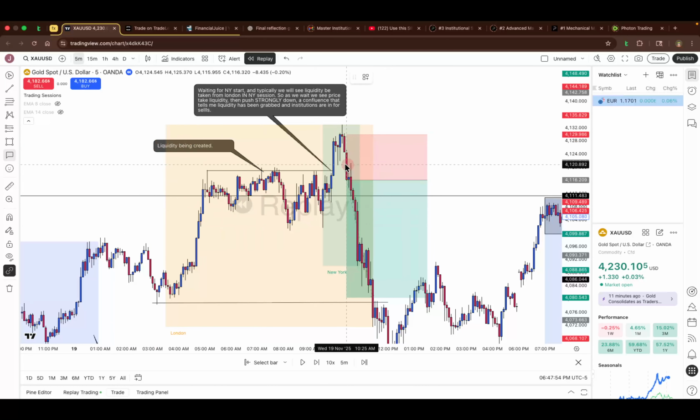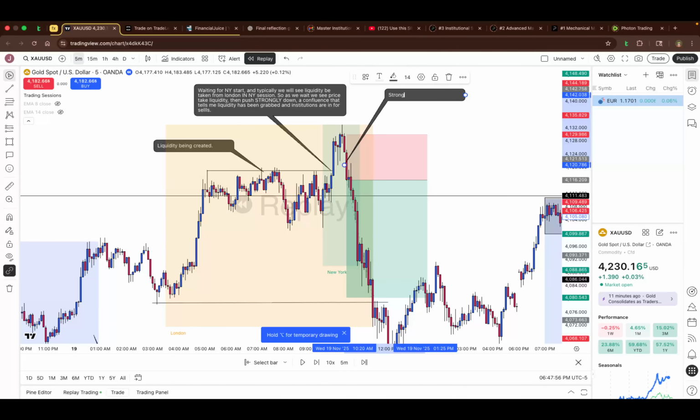We see a strong rejection after a liquidity grab. We enter. After the liquidity grab, we are back in the range. We enter for a sell because we know price didn't truly break structure.